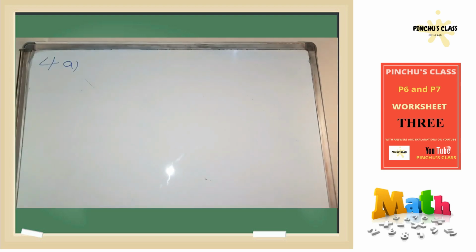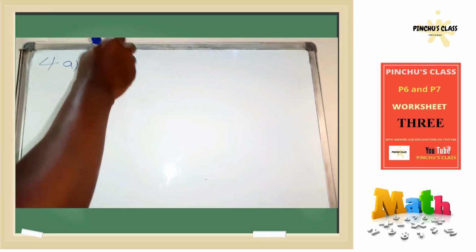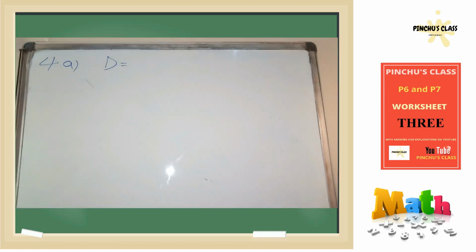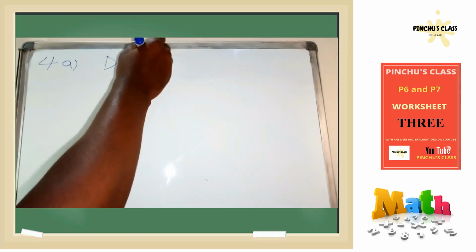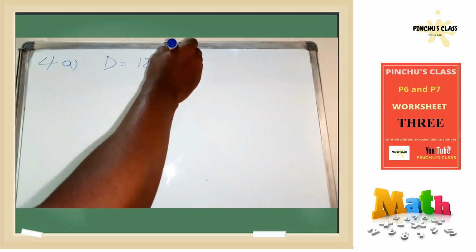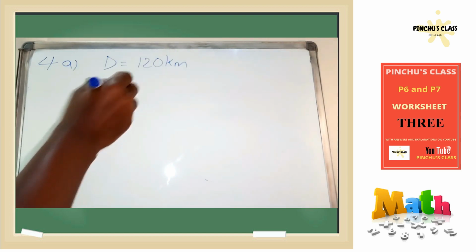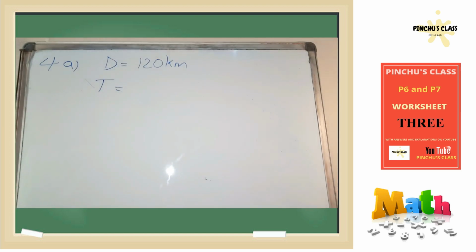Let's go to number 4A. They have told us that a cyclist covered a distance of 120 kilometers in 3 hours. Calculate the speed of the cyclist. So we have the distance, which is 120 kilometers, and we also have the time, which is 3 hours.